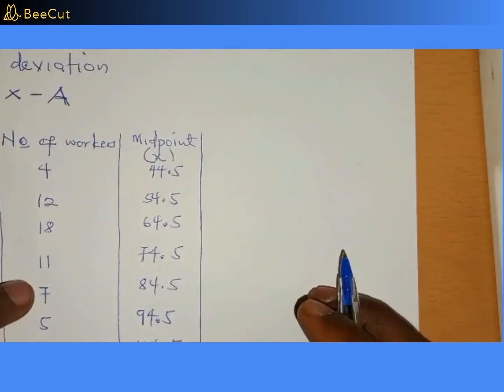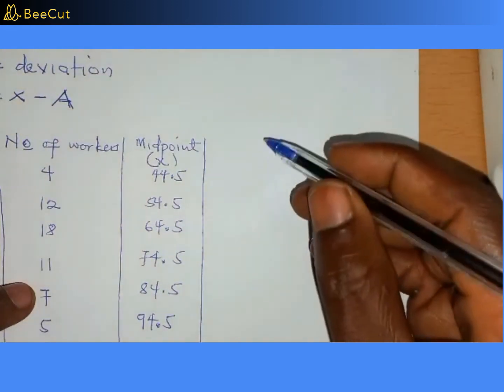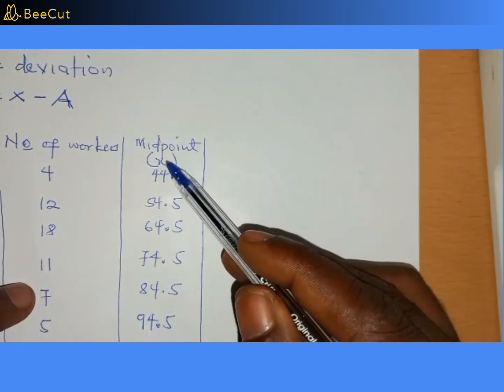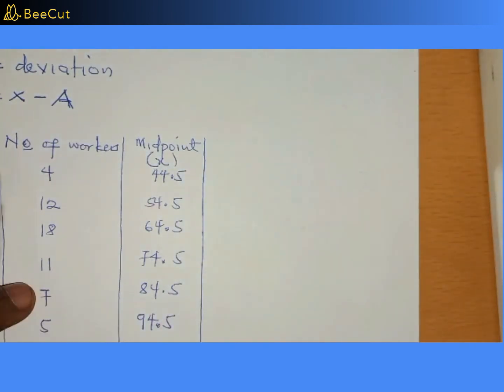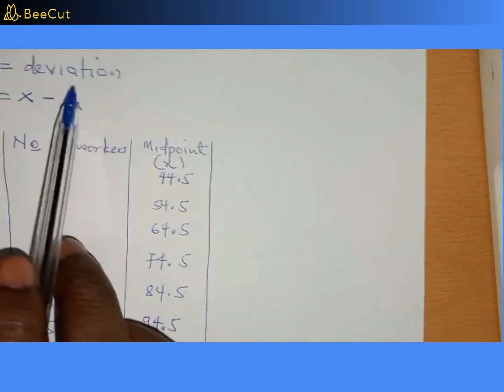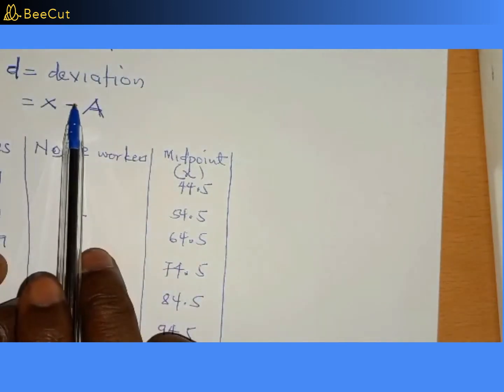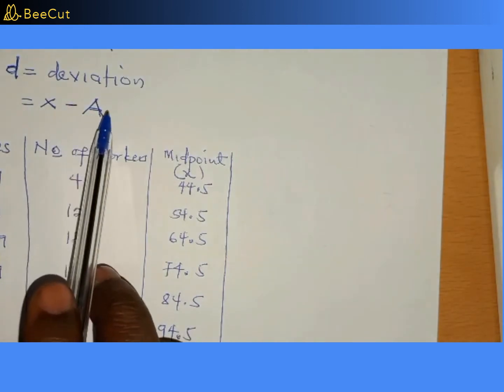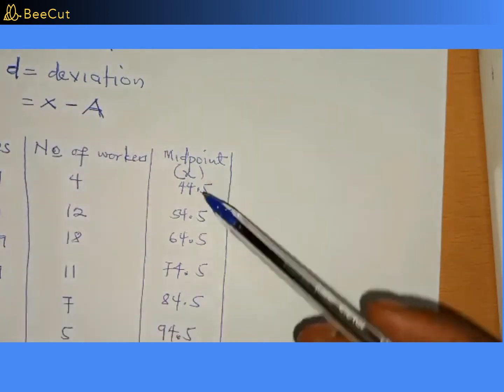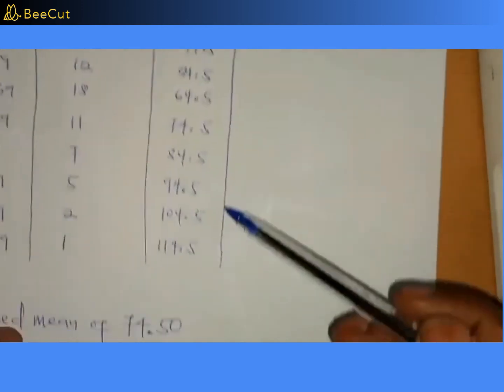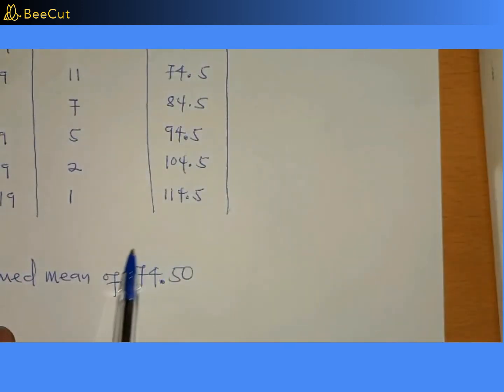Now I'm continuing. I now know x, but the formula says that anytime we want to get what we call the deviation, we are to subtract the assumed mean from the x values, and we know from the question that the assumed mean is 74.50.